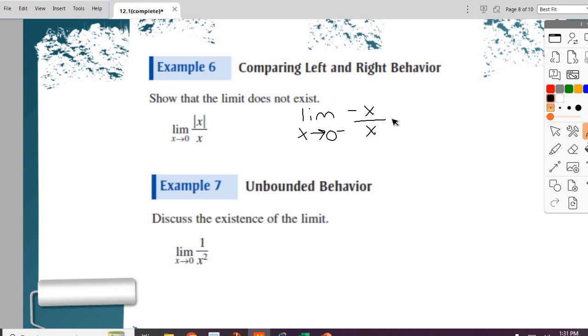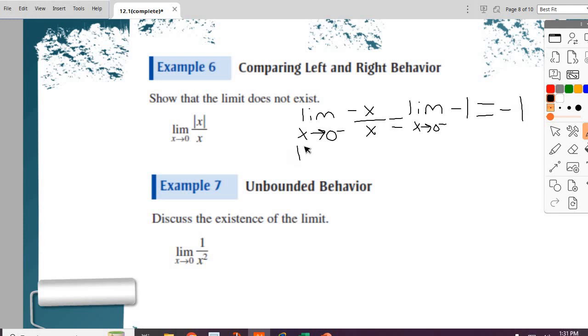Now, what is x divided by x? 1. But we also have a negative there, so we just get -1. Which basically means that we just have a horizontal line at -1. So what is our y value always going to be getting closer to? -1. So our answer here is just -1.